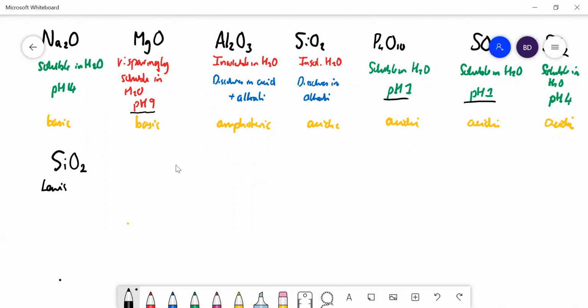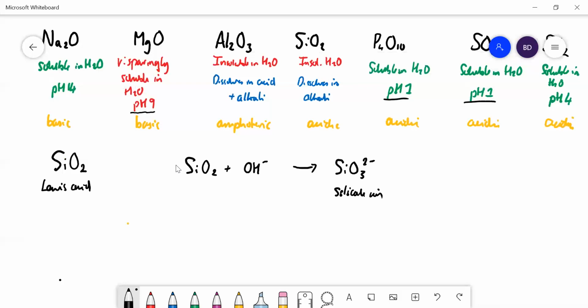Now let's see what happens when we react that with strong alkali. If we get SiO2 and react that with OH minus, it gives us this ion, which looks very foreign to us. It's called a silicate ion.